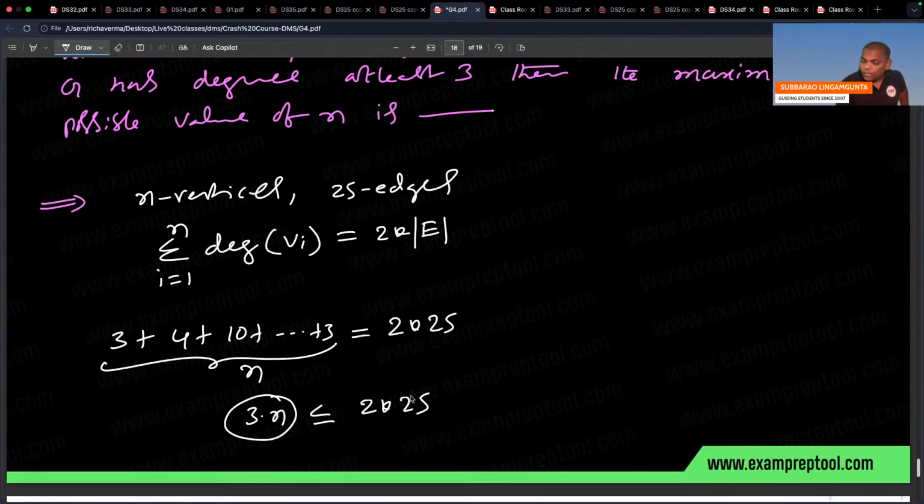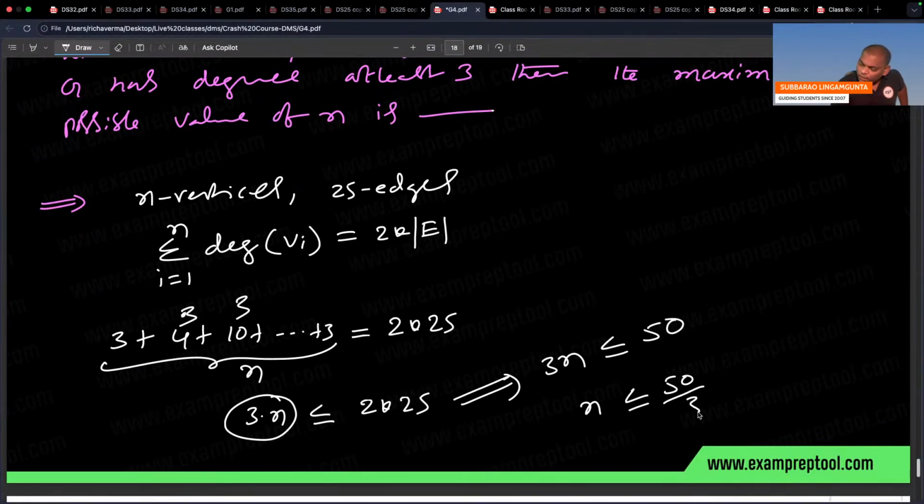Because even though some vertices are 4 or 10, I took 3 everywhere. So 3n is less than or equal to 50. Then n is less than or equal to 50 by 3. 3, 6, 18.